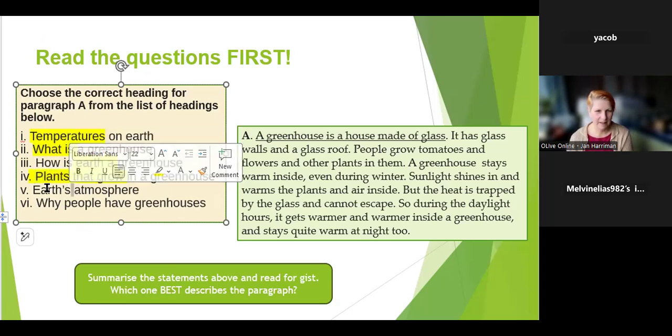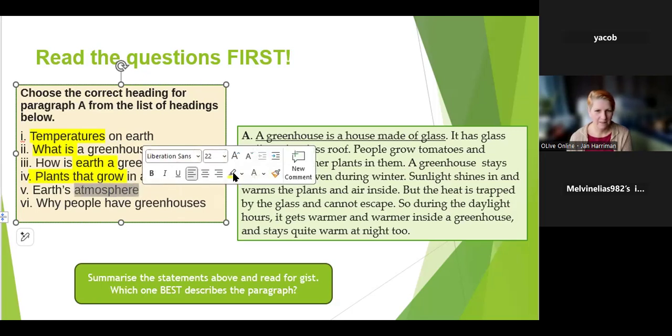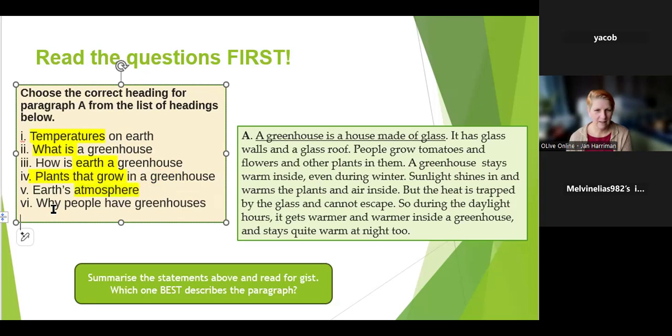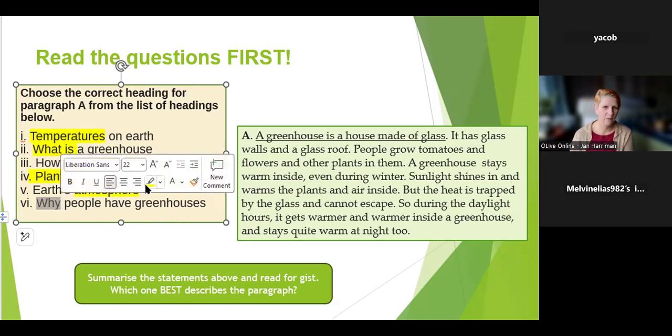So again, is it about the atmosphere of the Earth? Don't know. Is it about why? What reason would people have a greenhouse? What would you use a greenhouse for?